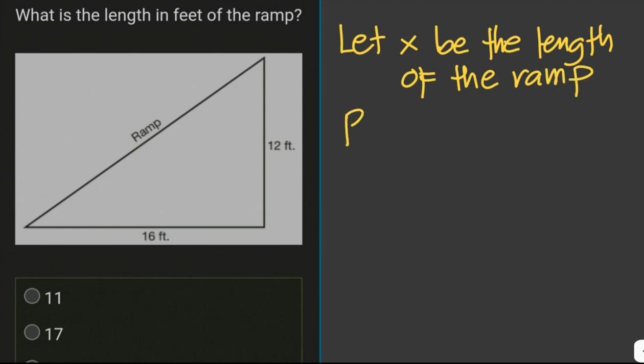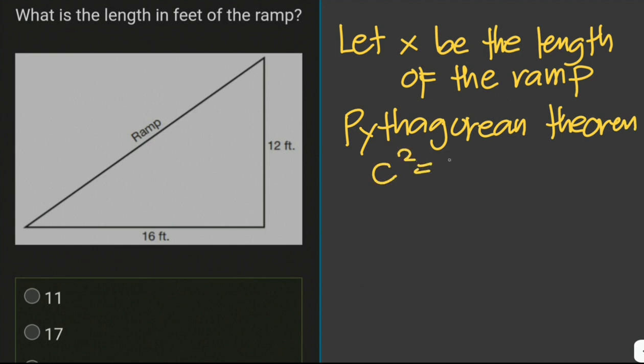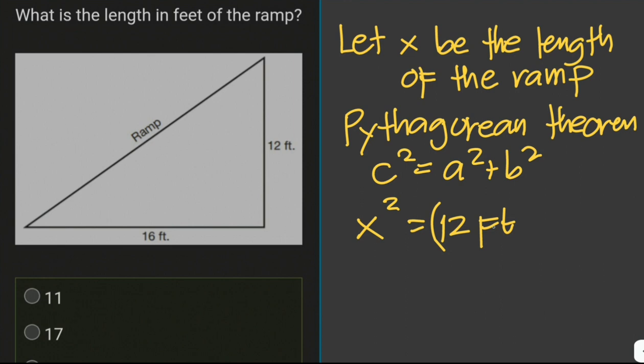We can use the Pythagorean theorem. C squared equals A squared plus B squared, where C is the hypotenuse and A and B are the legs of the triangle. So we just plug in everything here. Our C will be the length of the ramp, which is X, and then 12 feet, one of the legs, squared plus 16 feet squared.